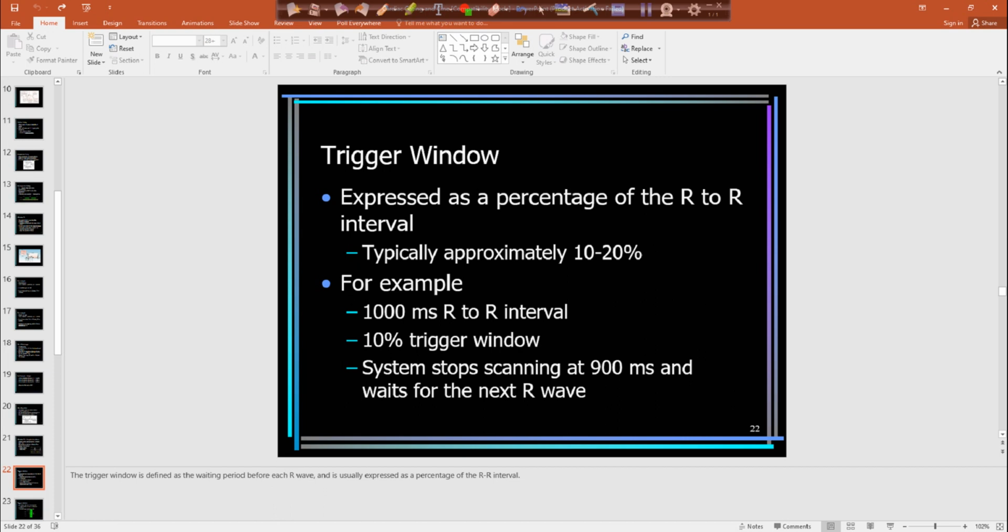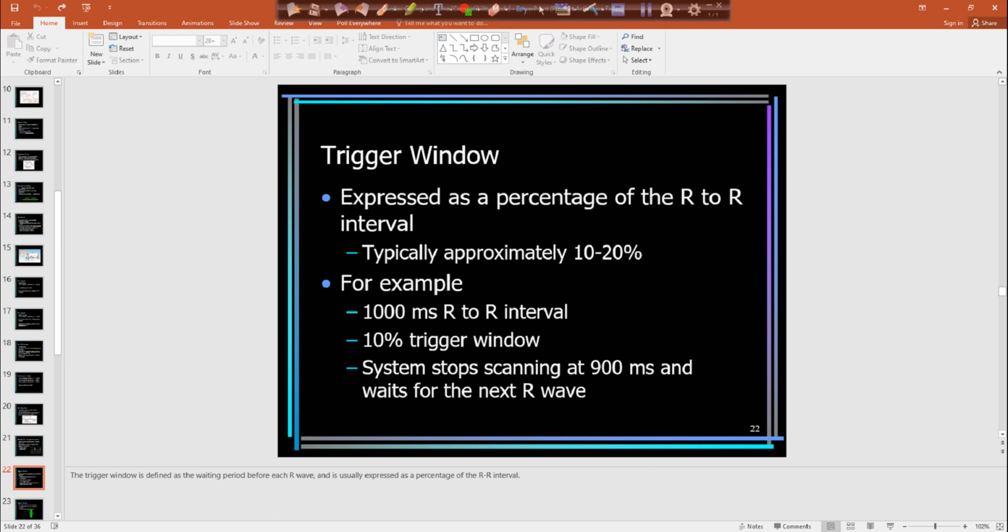If they have a more irregular heartbeat, you want 20%. If you have a patient who is pretty consistent, you'll monitor for a little while to see how the rhythm is, and if it's not as irregular, just 10% will be fine.